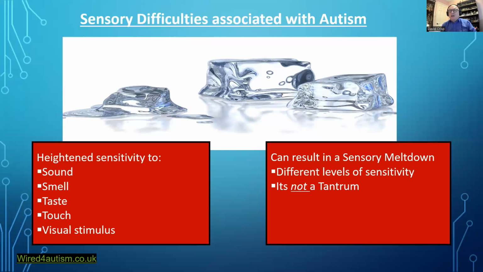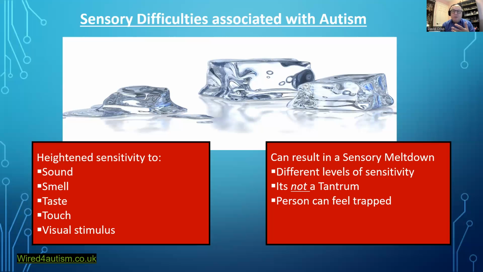This doesn't make sense. Oh, but it does, because when it's in his room and he's playing it, he is in control of the volume. He's the person in control, not the environment outside, not other people. So it's a very different situation.